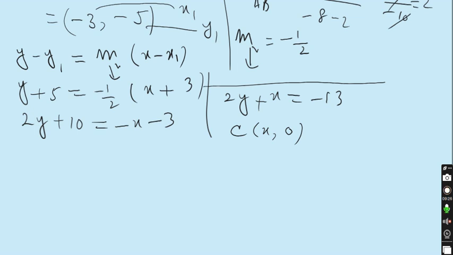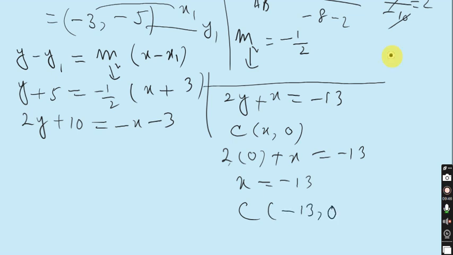Because the y value on the x-axis is always 0. So put this value in the equation of the perpendicular bisector. y is 0, plus x is equal to negative 13, and x is equal to negative 13. Hence the coordinate of C is (negative 13, 0).